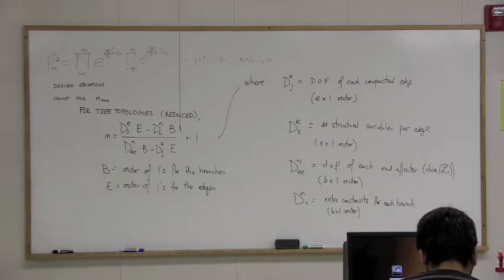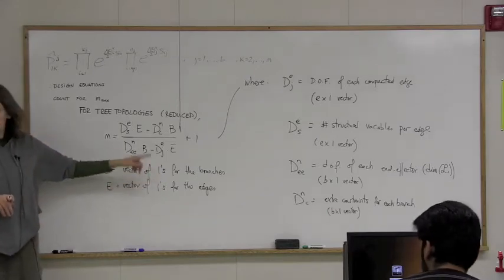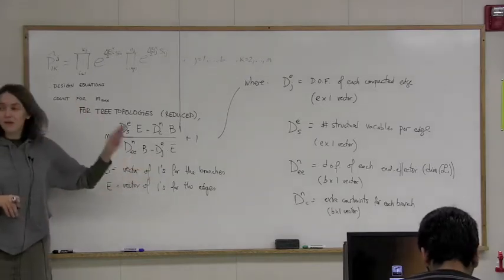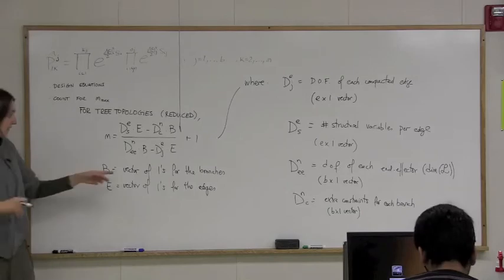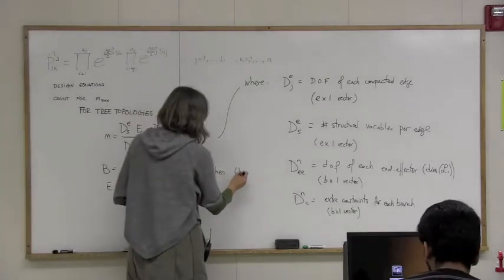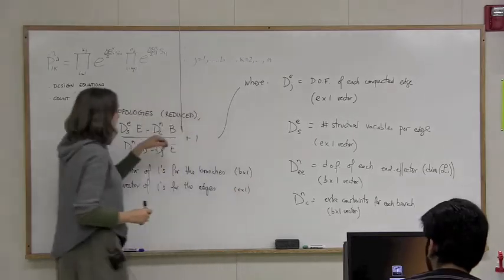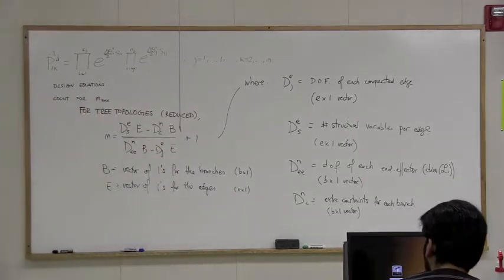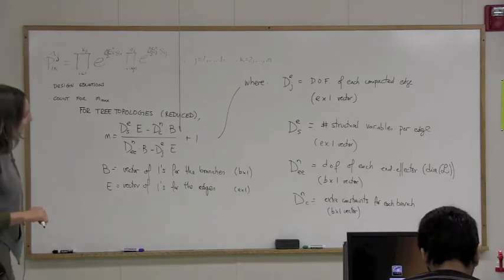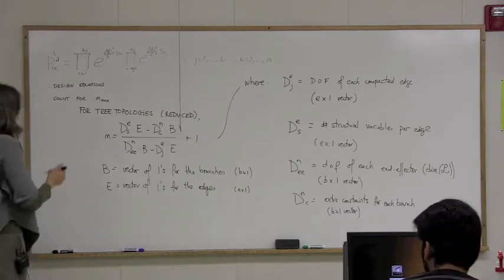B. Ones. That means it's all ones. If you have 4 branches, you have 1, 1, 1, 1. Okay, so this is B times 1, and this is E times 1. This is so that you can just assign the numbers to each one. You should do 1 times B, because rows times columns.